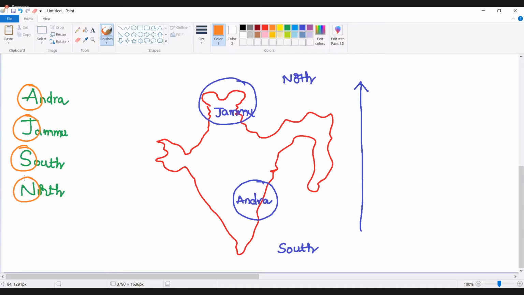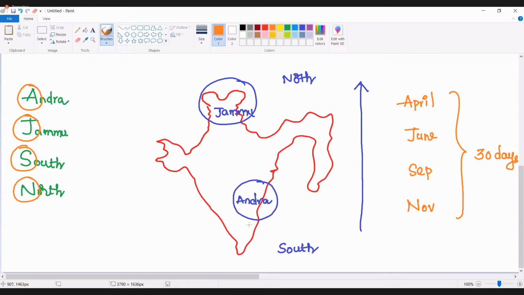Remember, A indicates April, J indicates June, S indicates September, N indicates November. These are the months which are having 30 days.